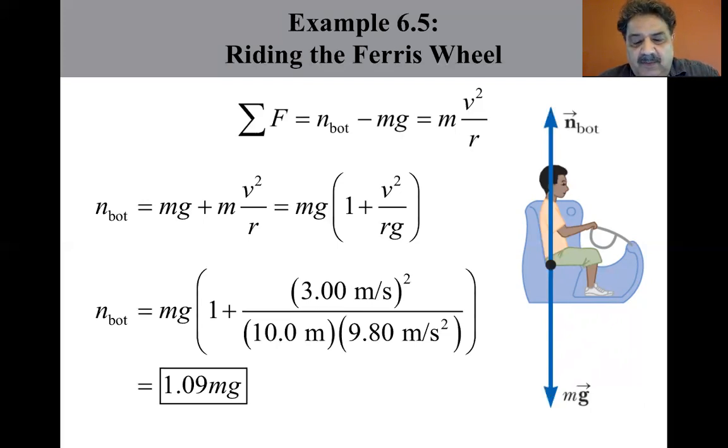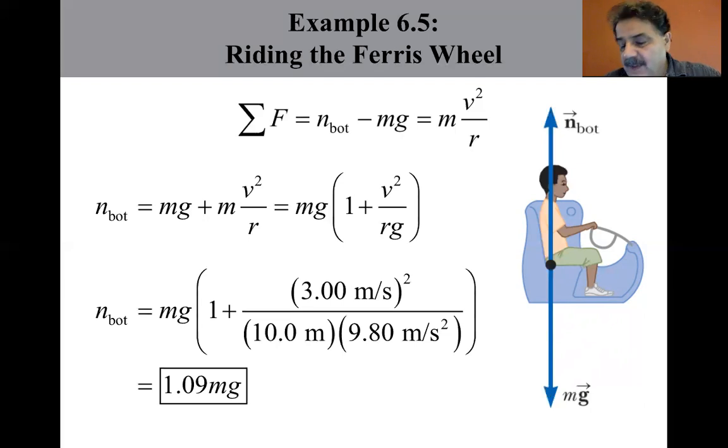So the magnitude of the force at the bottom exerted by the seat on the child is greater than the weight of the child by a factor of 1.09. The child experiences an apparent weight that is greater than his true weight by a factor of 1.09.